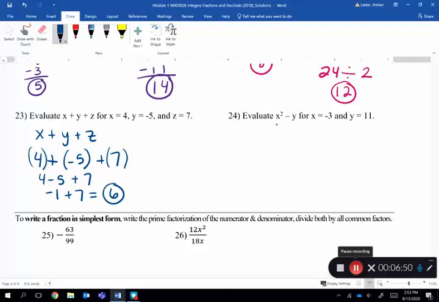Same thing here, evaluate x squared minus y for x equals negative 3 and y equals 11. So I start with x squared minus y, x equals negative 3. Again, put it in parentheses, and that will help you keep track because this is negative 3 squared.